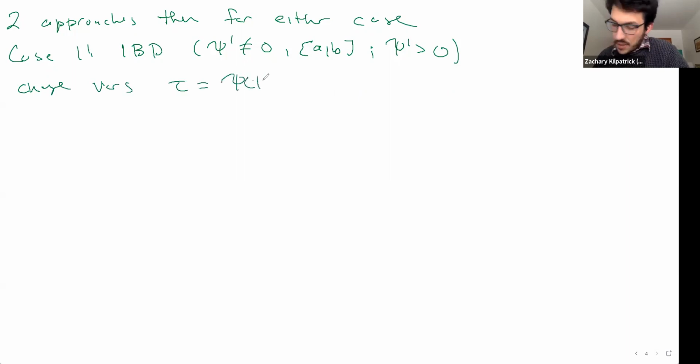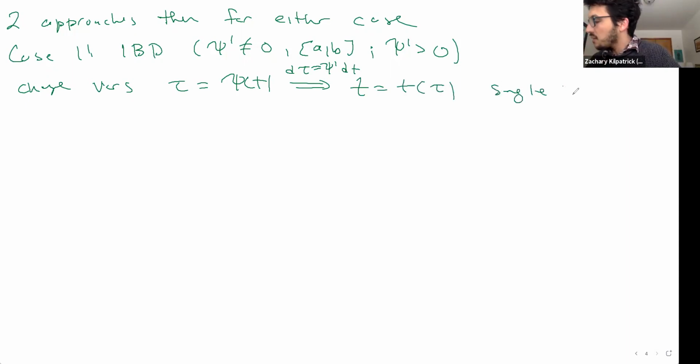Tau equals psi of t, d tau equals psi prime dt, t equals some function t of tau. It's going to be single valued because we don't have any critical points of psi, so we don't have to worry about bad things happening if we invert that function.